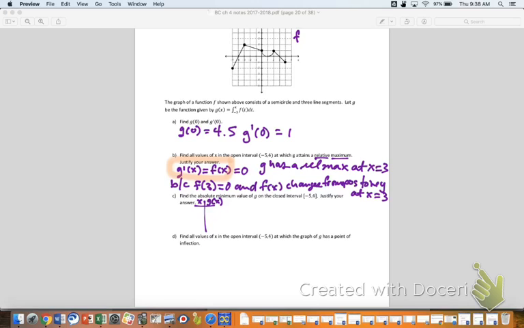So what would be the lowest candidate? -5. That's the lowest valued candidate. Okay, then we're looking for critical numbers. So what would be the next candidate? -4. Agreed. So -4.